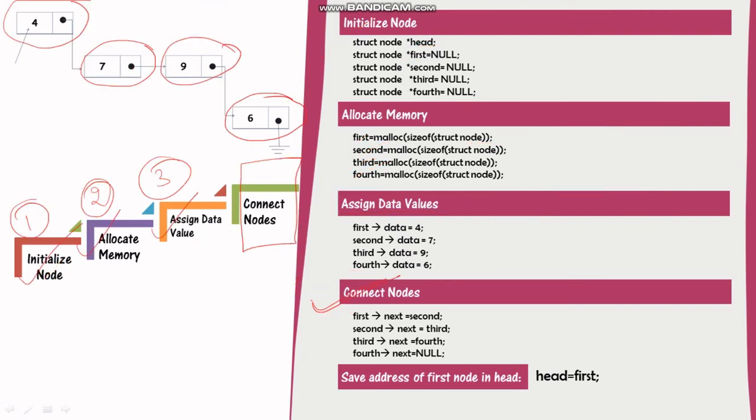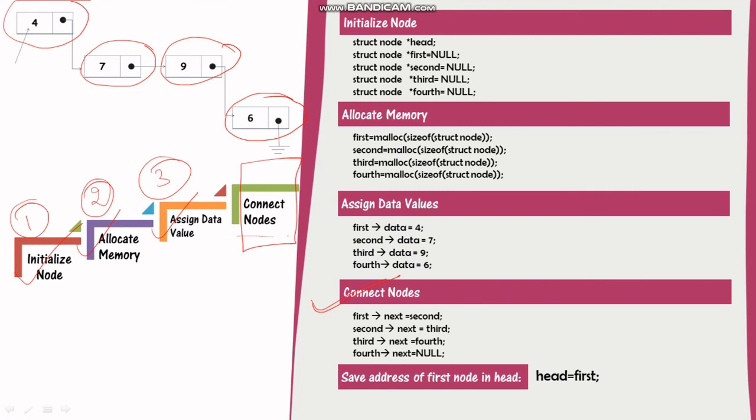After completing the first, second and the third step, we will now be connecting the nodes. So we have created 4 nodes, we allocated some memory to them. First we initialized them, we allocated some memory, and we assigned some data values. For this particular example we have taken 4, 7, 9 and 6, and the next thing would be to connect the nodes.